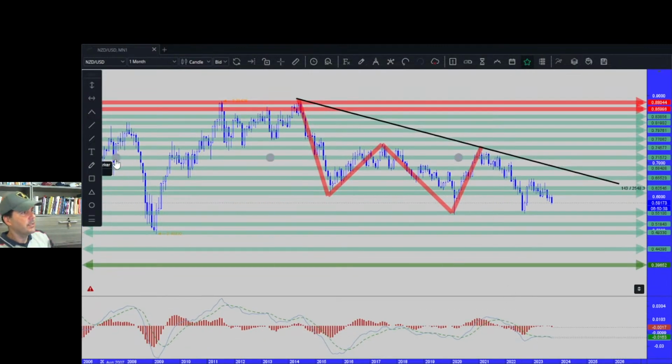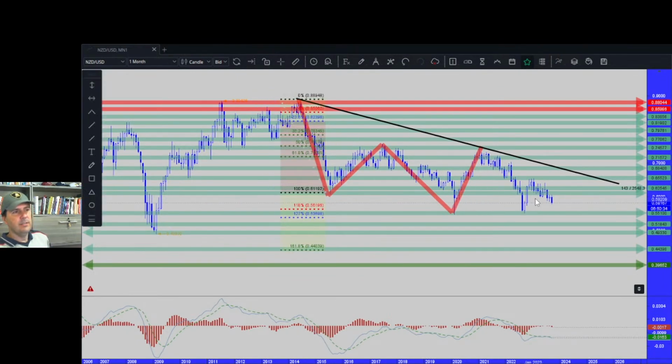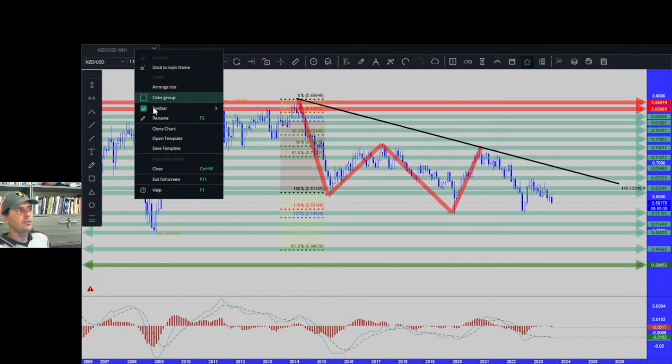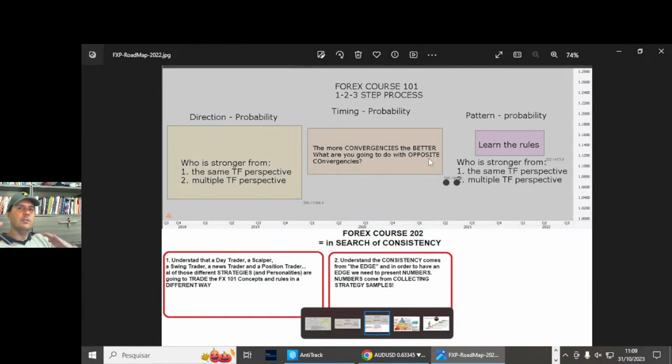And some of you have the Fibonacci's too, right? So you understand, the more of all those tools on any given time frame converge, on the bearish side or bullish side, this gives you a better chance on timing. Does this make sense?